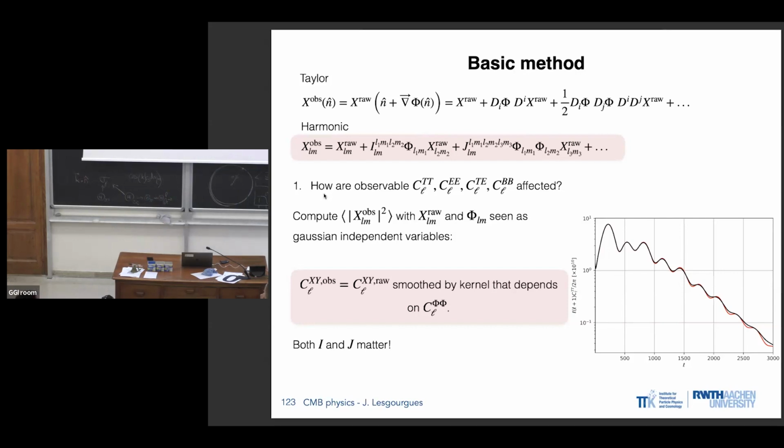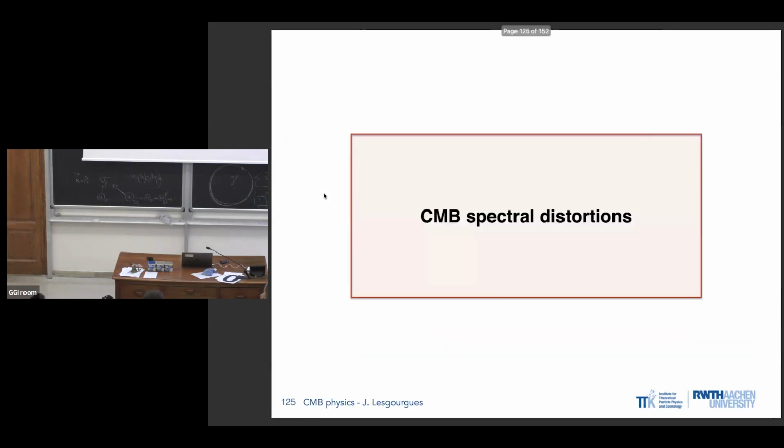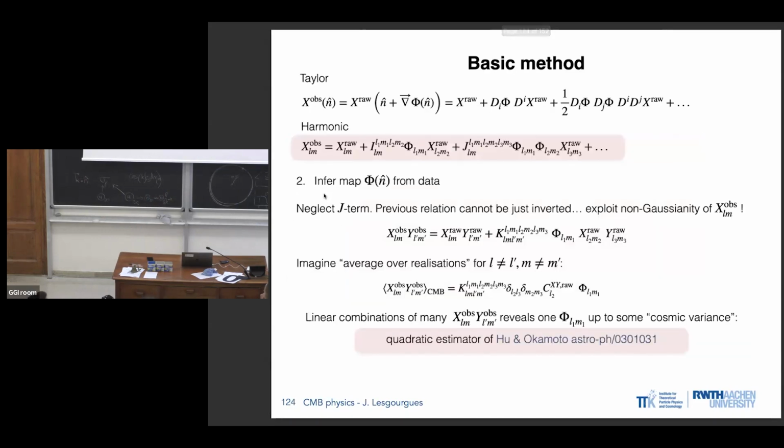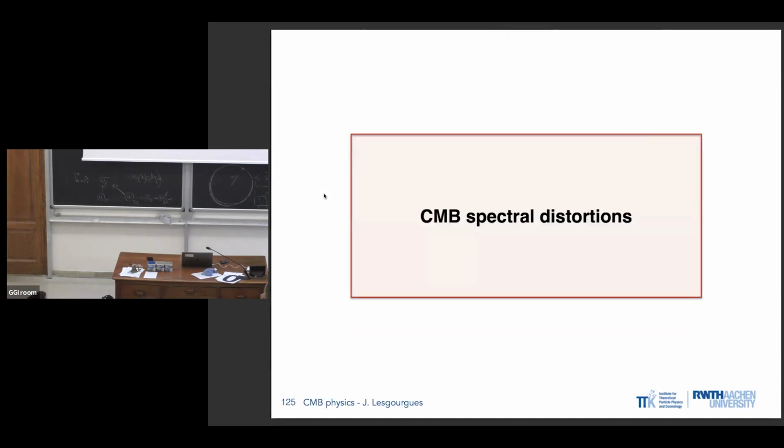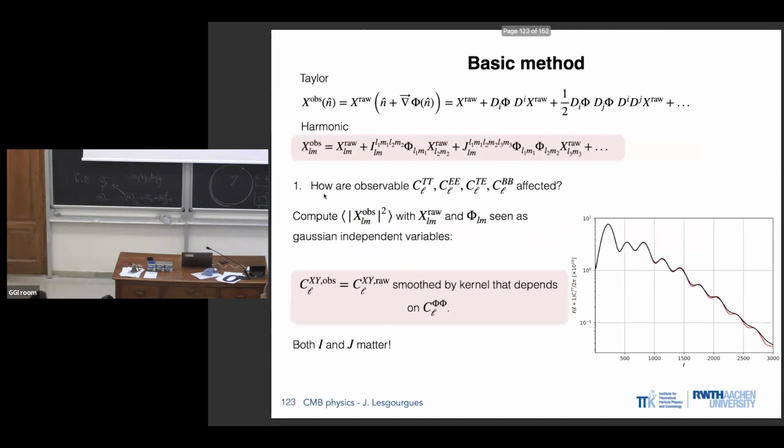I'm not completely sure, but I don't think so, because it's true that it gradually becomes important when you go to high L, and we will have better and better error bars, tempered by an increase of the error bars coming from template fitting of foregrounds.